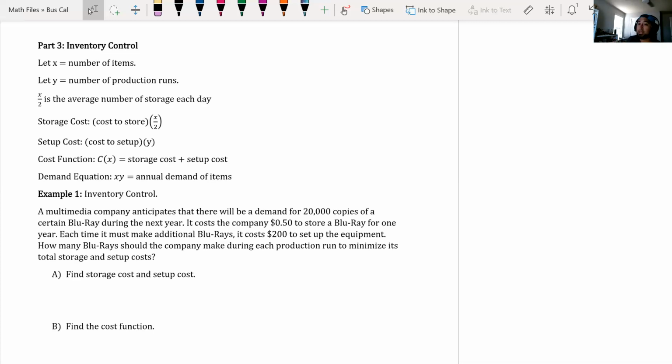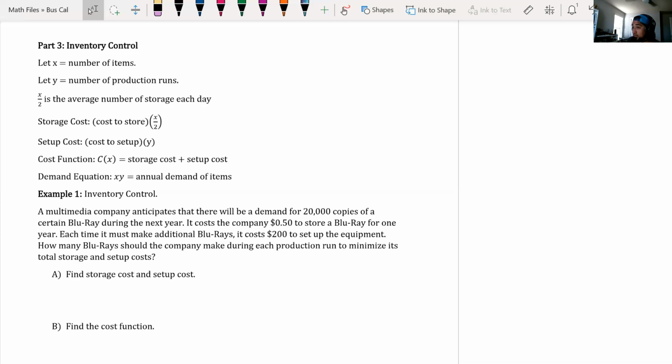Okay. So in these problems, we're going to have to create a storage cost and a setup cost equation. So storage cost is always the cost to store an item times X over 2. Setup cost is the cost to set up times Y, the number of production runs. And once we have storage cost and setup cost, we will create a cost function, which is made up of the storage cost and setup cost equation.